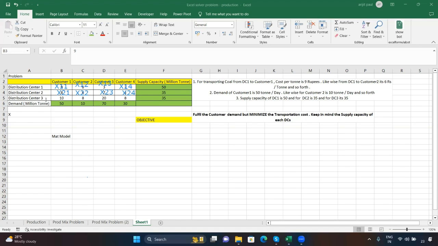Similarly, for the distribution center 3, for this cell, we can denote the cell as X31.